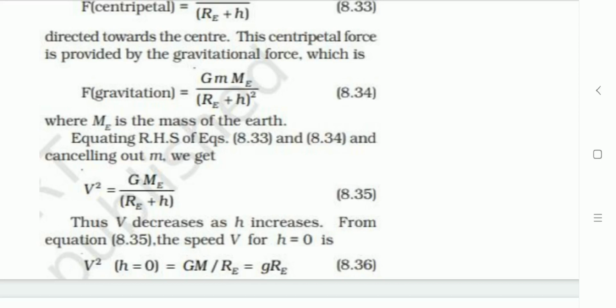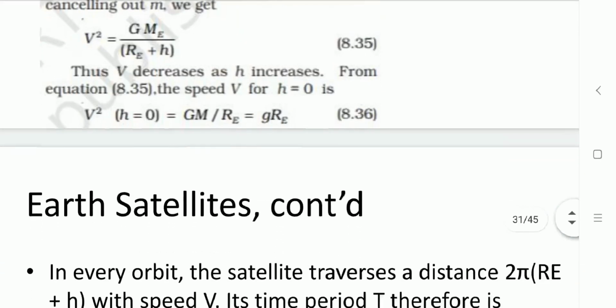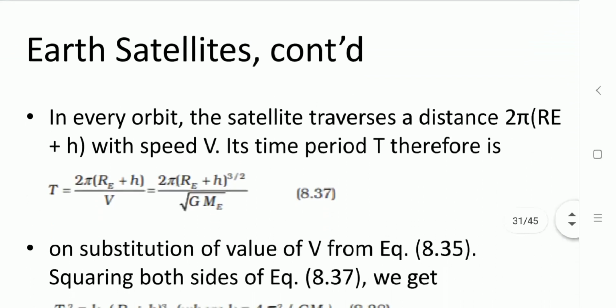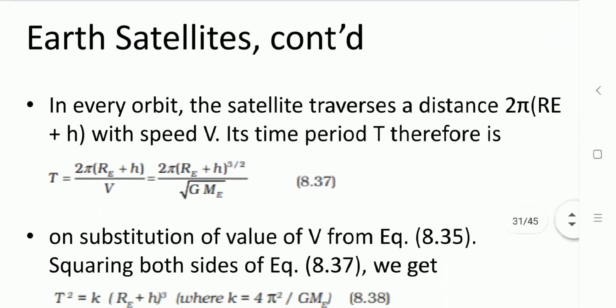Here, in every revolution the satellite travels a distance 2 pi (RE plus h) with speed v. For that, the time duration T required is 2 pi (RE plus h) divided by v. That would be equal to 2 pi (RE plus h) raised to 3 by 2 divided by under root G ME.